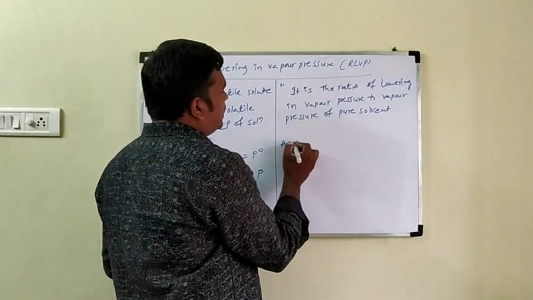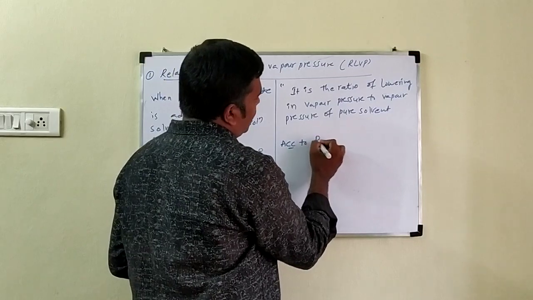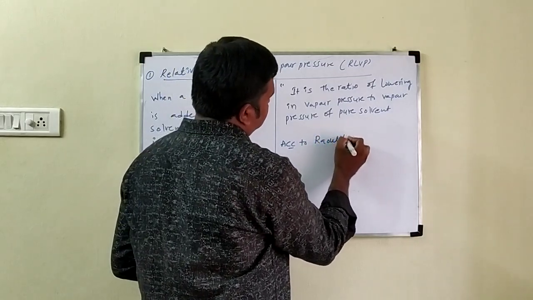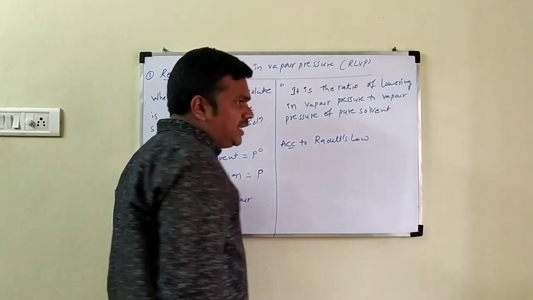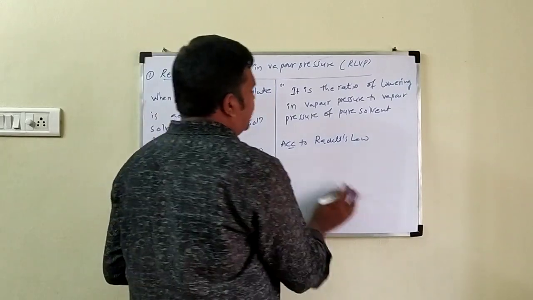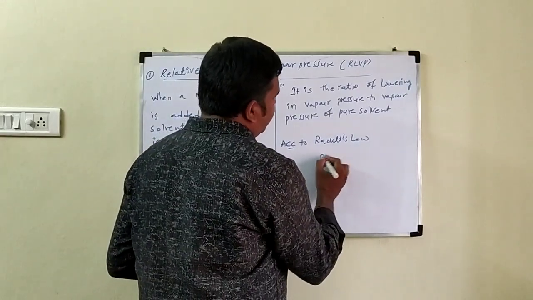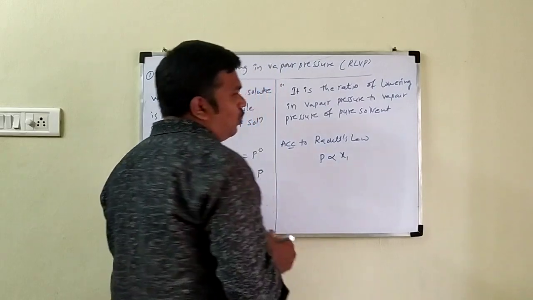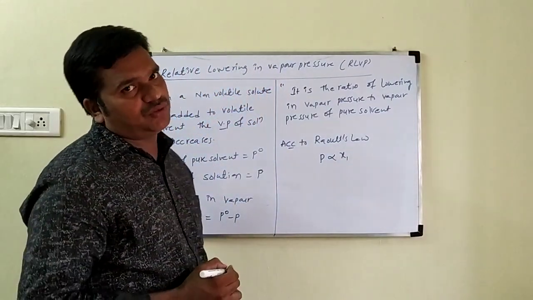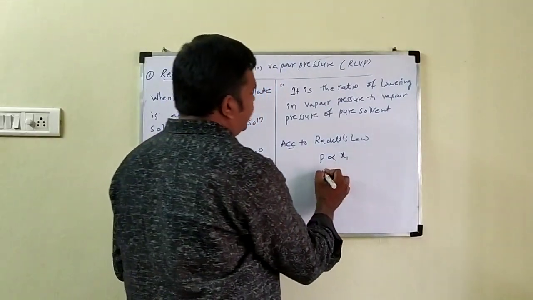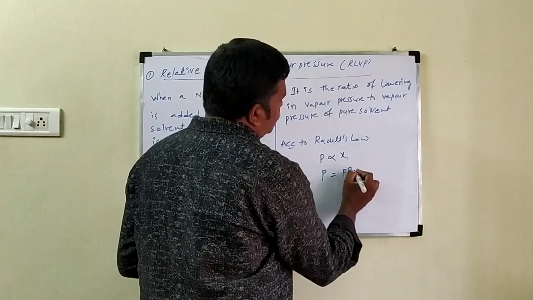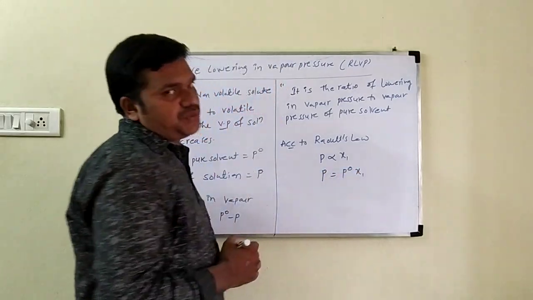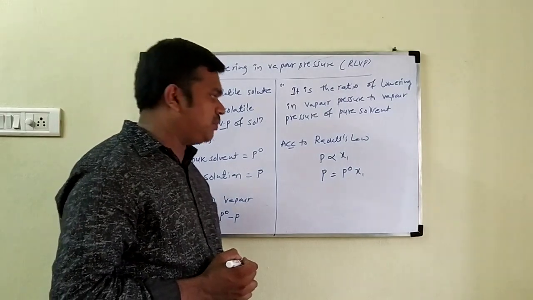Now we can write according to Raoult's law: P is directly proportional to the mole fraction of the solvent. From this, P is equal to P naught into x1.